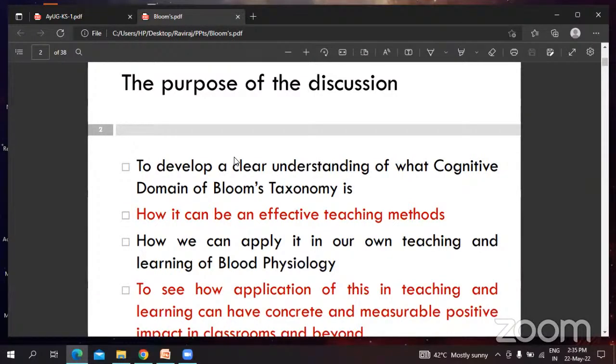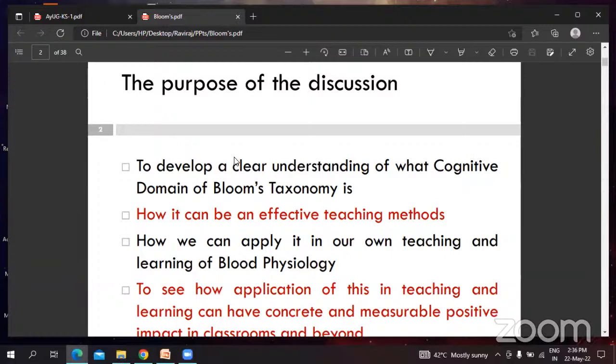So the purpose of today's discussion is to develop a clear understanding of what the cognitive domain of Bloom's taxonomy is. There is one teaching learning method which was developed by Benjamin Bloom 5 to 6 decades ago, which later evolved into the full-blown Bloom's taxonomy.